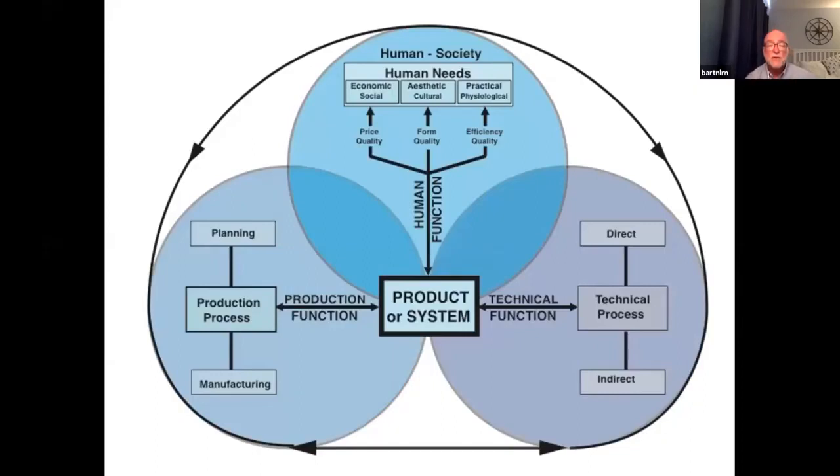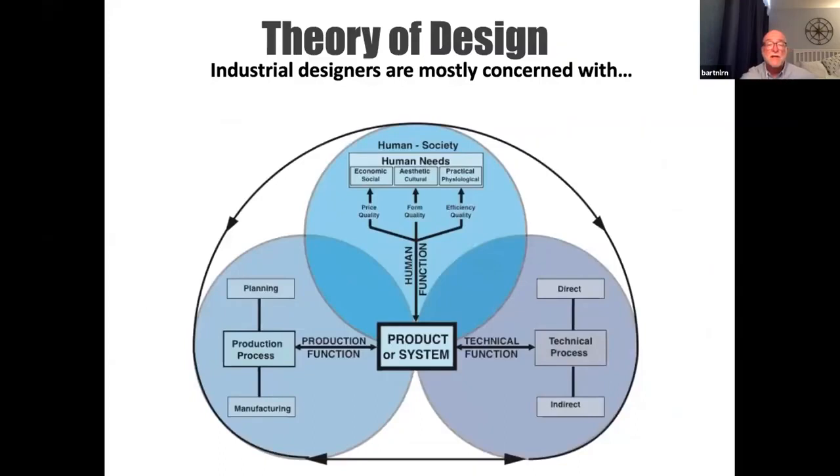All three of these circles are interlocking here. Right in the middle of where this Euler and Venn diagram come together is the product or system that we're working on.